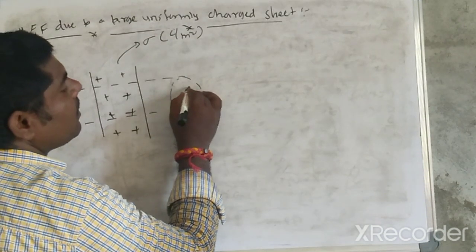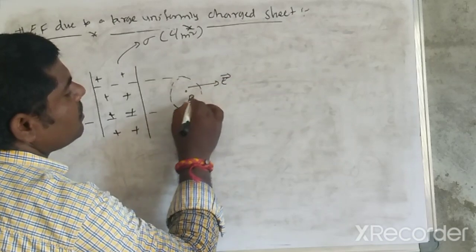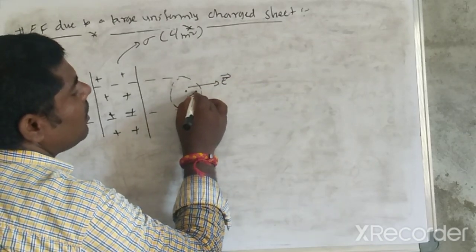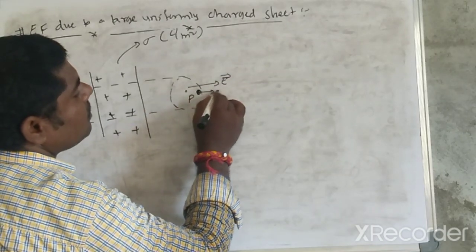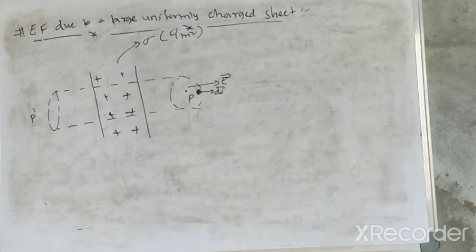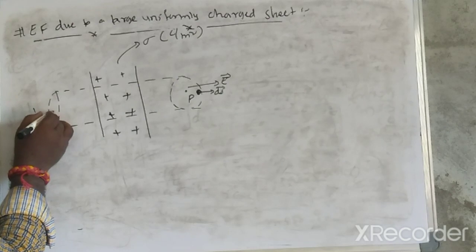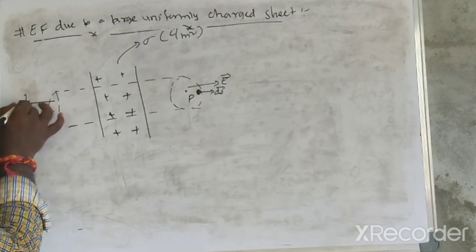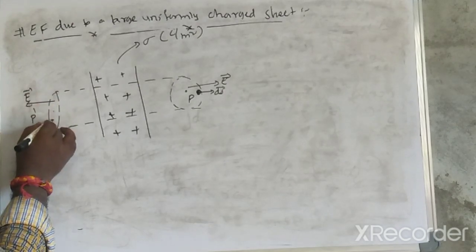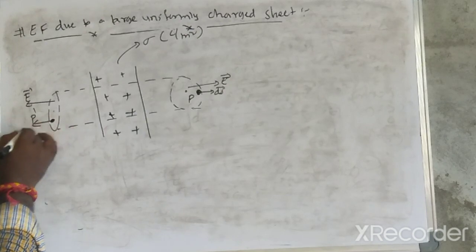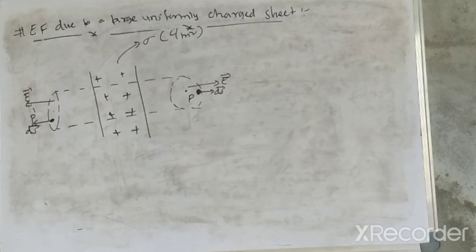Here is the electric field direction, and here the small elemental area direction, ds direction. Here also the electric field direction, and this is also the small elemental area ds bar direction.